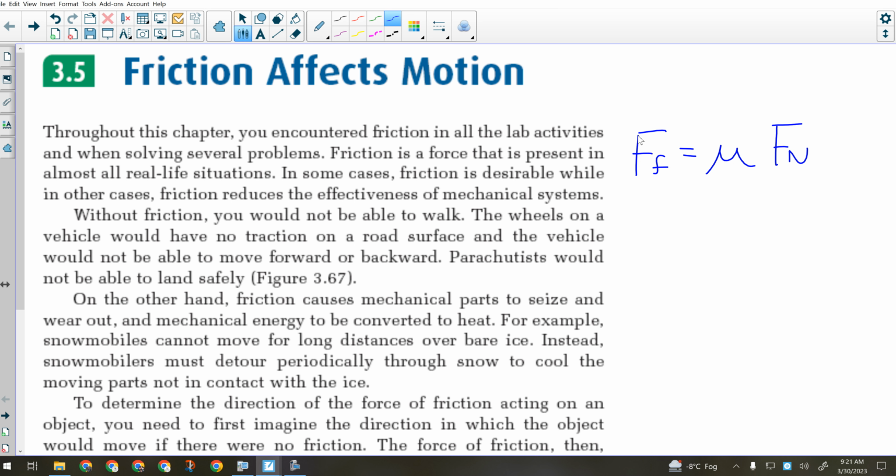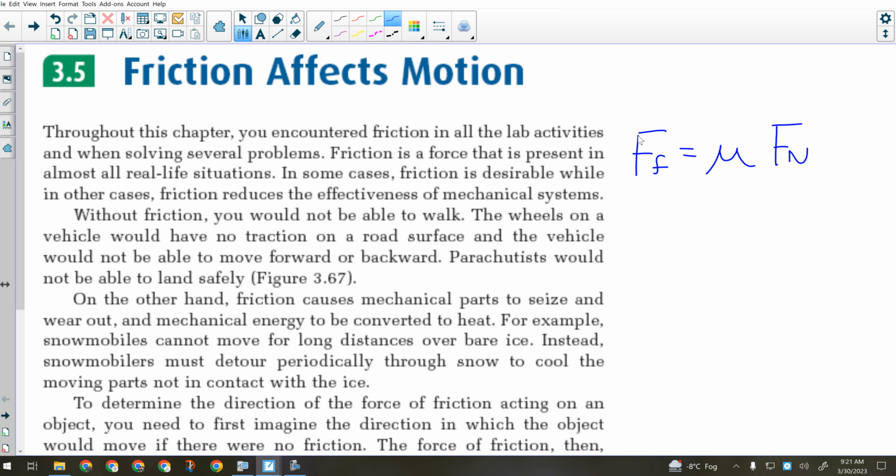They also have the sipes in them, the little cuts in the tread, and that pulls water away from the interface between the tire and the ice, which prevents hydroplaning, which again increases the coefficient of friction between the tire and the ice and allows for better traction. Summer tires do not have those sipes, and they're made of rubber that gets hard when it's below 5 degrees, and so they don't grip the road as well.